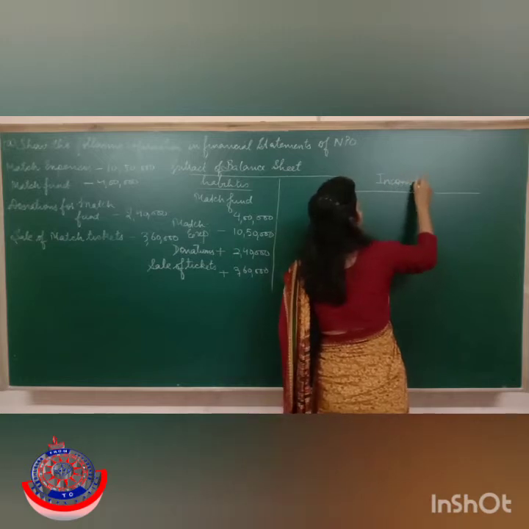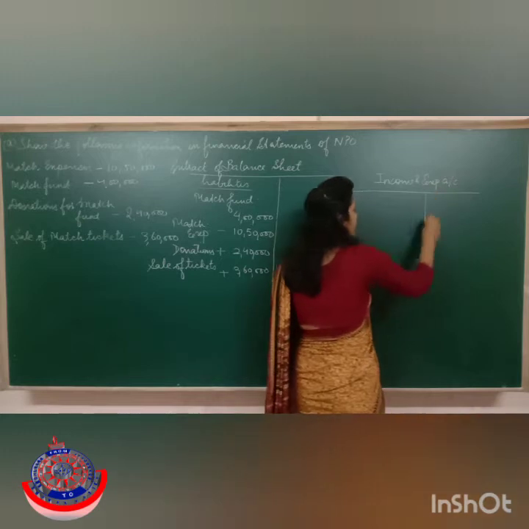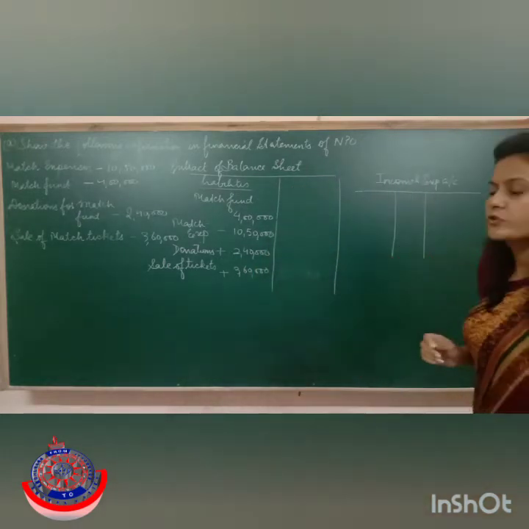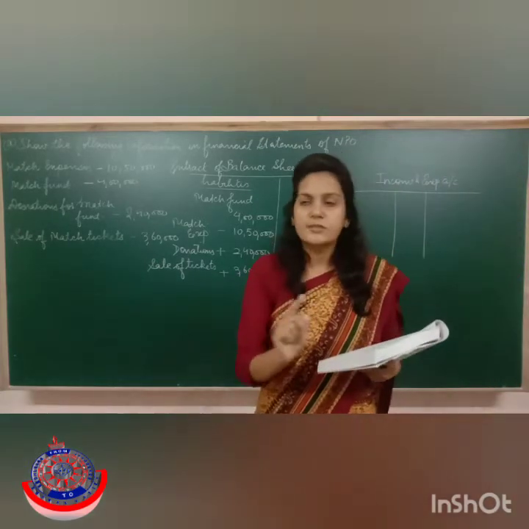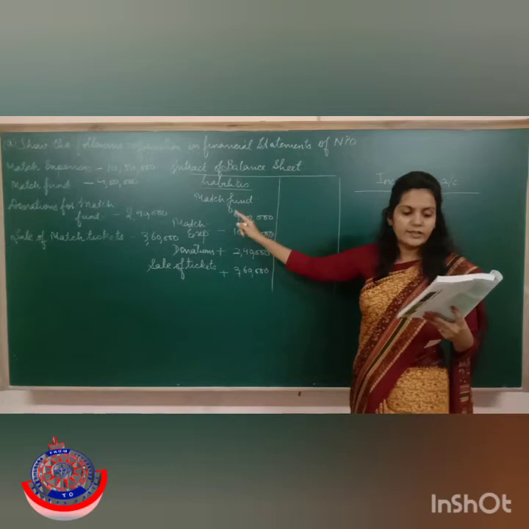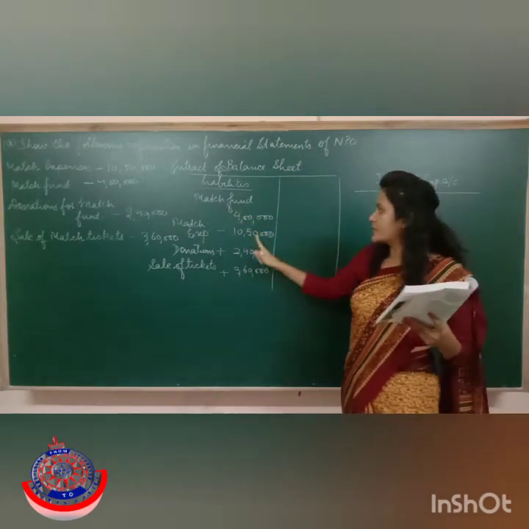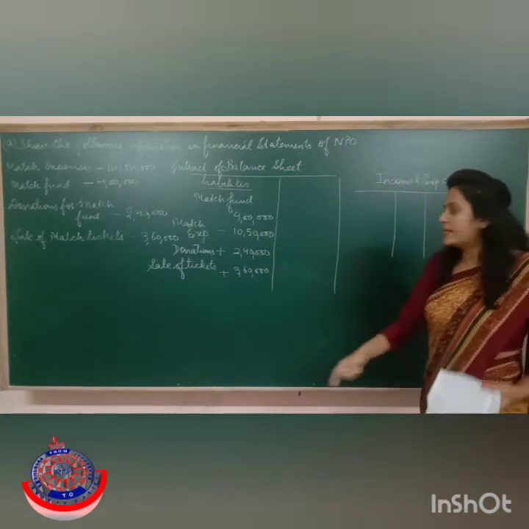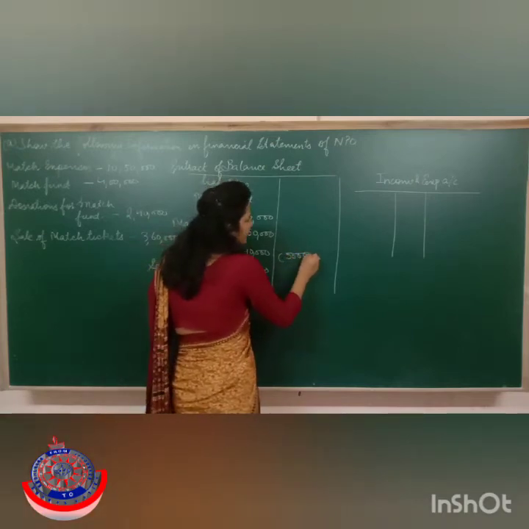You'll make one extract of the income and expenditure account here, and there you have to show the loss. Now how do you show the loss over there? Read in your books. If match expenses go up by 2,50,000, then match expenses become 8 lakh plus 2,50,000, meaning 10,50,000. Then the net balance of the match fund becomes negative. As you can see here, the balance has become negative 50,000.